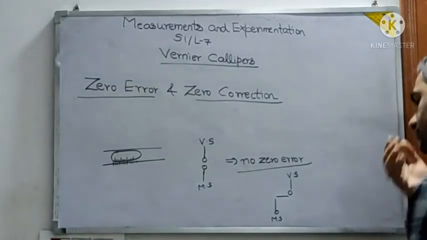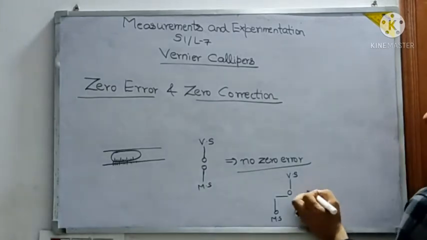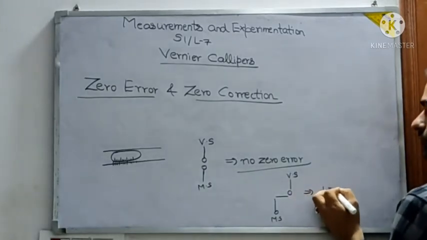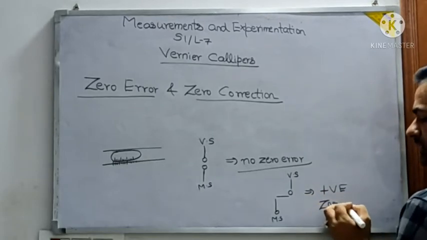Okay. So when the zero of vernier is to the right hand side of the zero of the main scale, then what happens? Positive zero error.